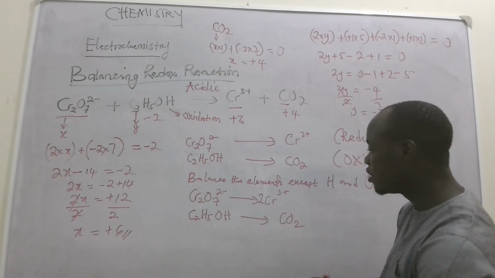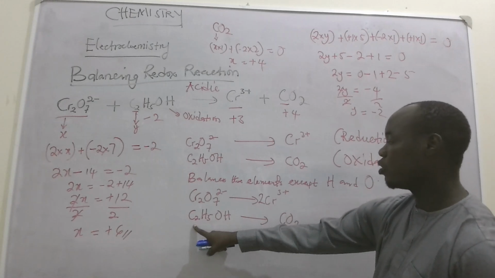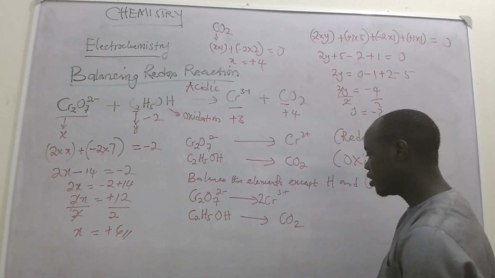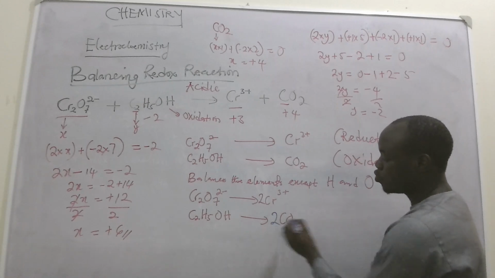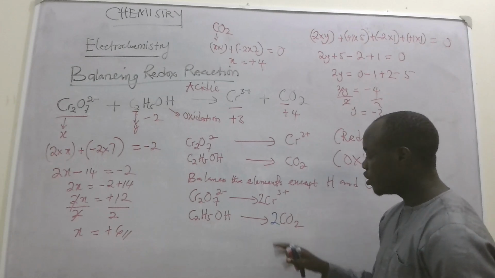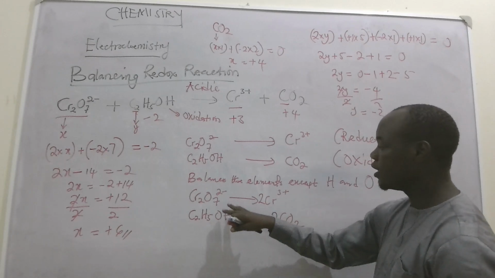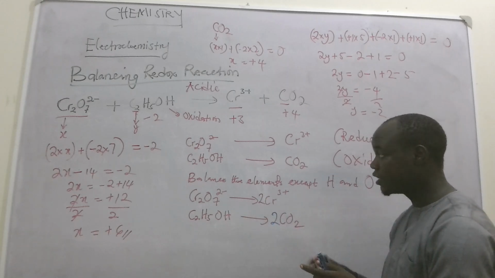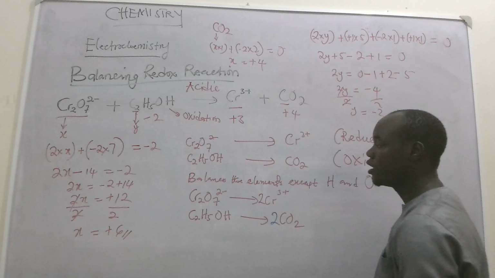How many carbon do we have here? We have 2 carbon, so to balance the carbon we need to add 2 here. So the carbon and chromium are now balanced. Then what next?